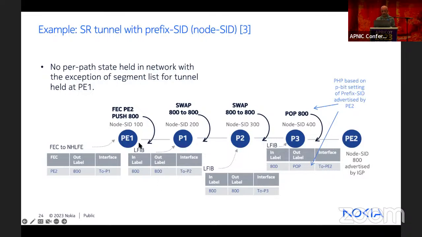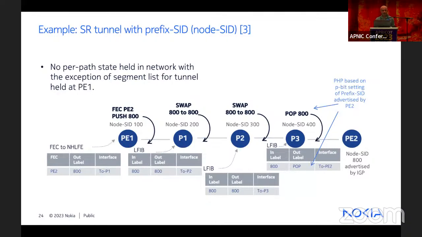Now, if you had 300 tunnels here that were being routed between P1 and P2, same path, would the state increase? Would there be more entries in the LFIB if you had more tunnels? It wouldn't.